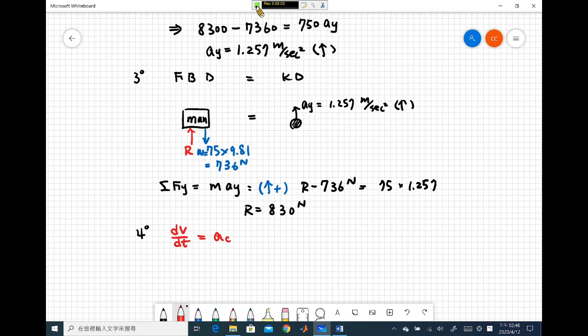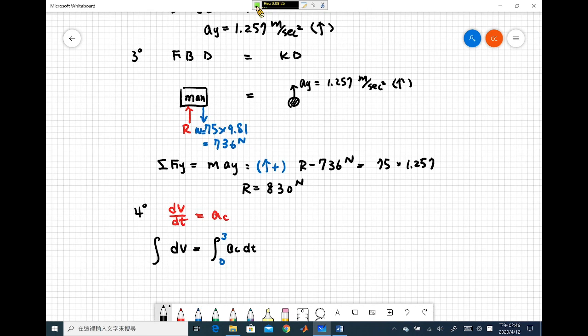So your dv will be equal to your ac times dt. From 0 to 3, it's given by the problem, and starting from rest, so 0 to the v here. For the left hand side, you obtain v. For the right hand side, that will be 1.257 t from 0 to 3. Then 3.77 meter per second.